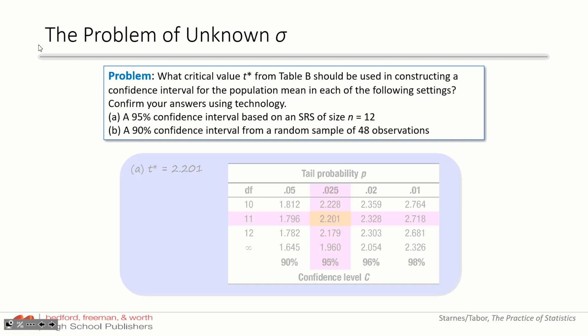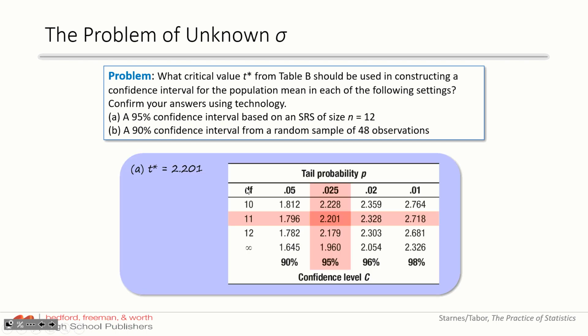So I would go to the table and find on the left-hand side 11 degrees of freedom. And then on the bottom, my confidence level has to be 95%. And then at the intersection of that row and that column, my T star would be 2.201. And remember, your T star has the same interpretation, the same meaning as the Z star, right?